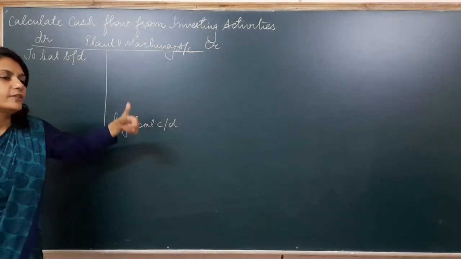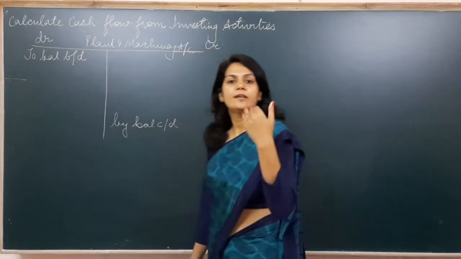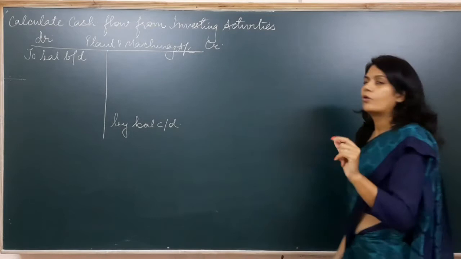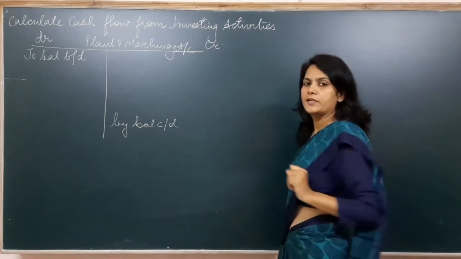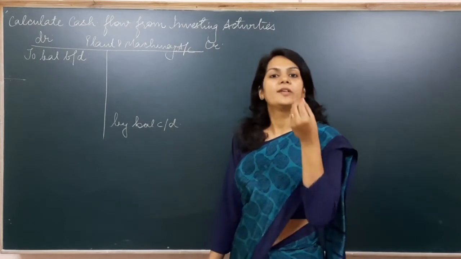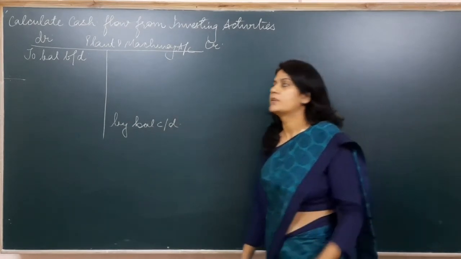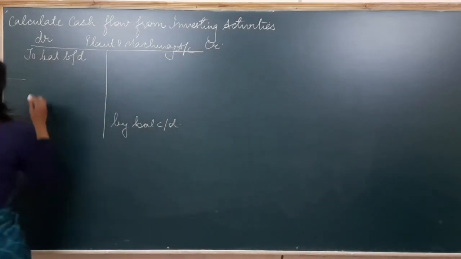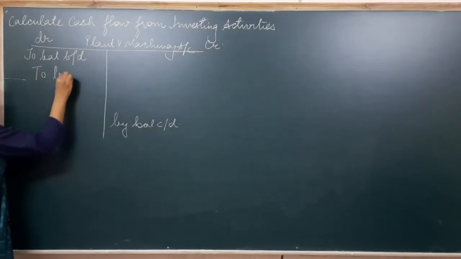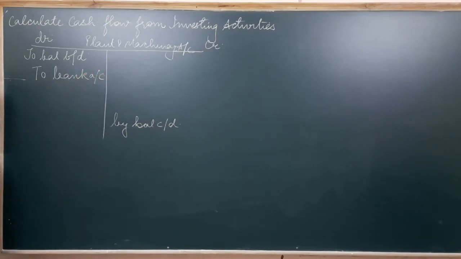Now suppose due to any transaction the balance of plant and machinery increases, then you are going to record the transaction on the debit side. If due to any transaction the balance of plant and machinery decreases, then we are going to record it on the credit side. So see what those transactions are. Suppose I am purchasing the plant, then what entry will I pass?